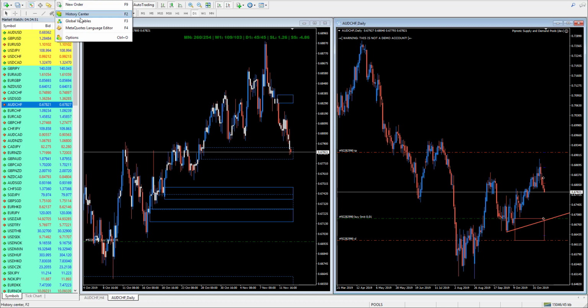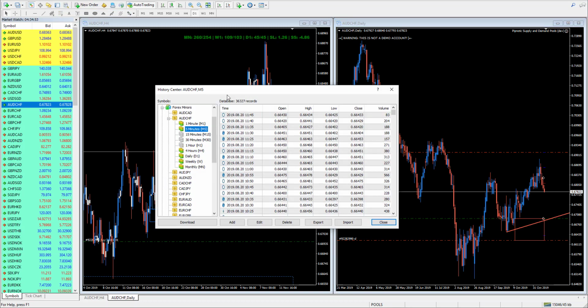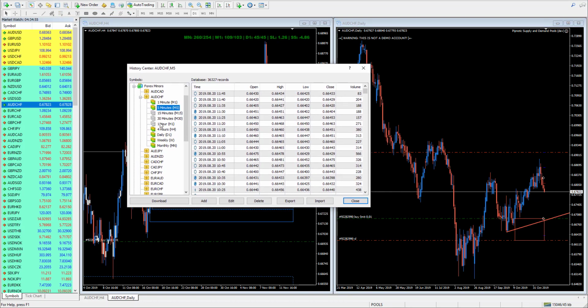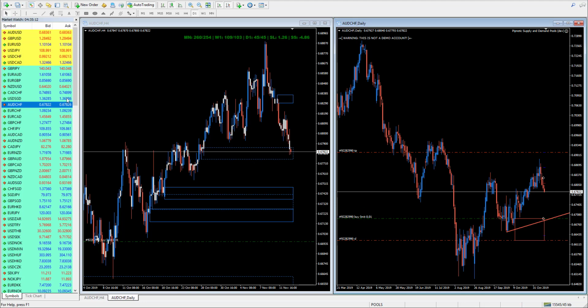But if I go to the History Center and have a look, you can see I don't have all the information that I need. I don't have all of the Euro Aussie data. And the software is using historical data to make trading decisions, but look, there's no data for the Euro Australian dollar. I only get that once I load it onto the chart, and then it's downloaded.